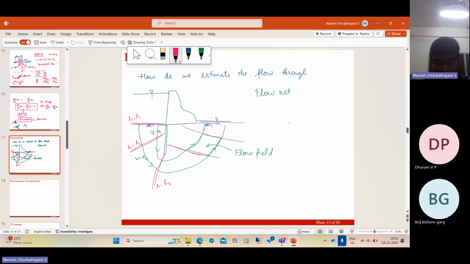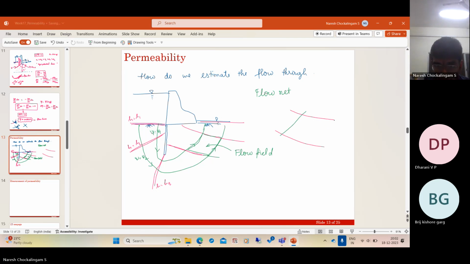Now, if you look at a flow field, it is enclosed by two equipotential lines and two flow lines. And the flow is in this direction, right?